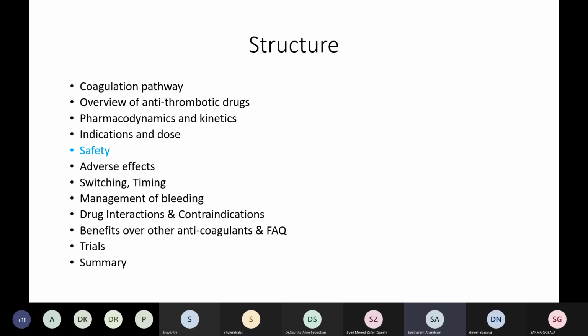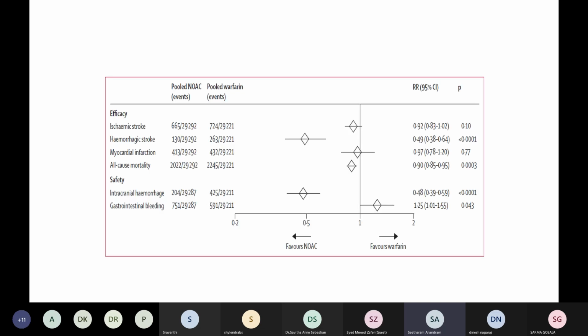Now coming to the safety of NOACs, it's a very safe drug. This slide is essentially a summary slide which shows the pooled risk from various trials of newer oral anticoagulant agents.